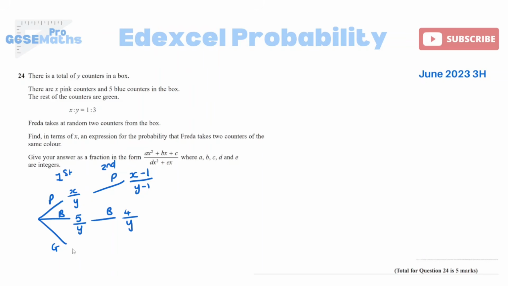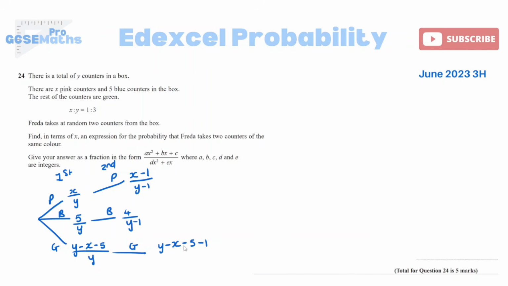And finally, for green, the rest of the counters are green. So to find the numerator, or how many green there are, we can write it as y, which is the total, minus the x, which is pink, minus 5. Oh, this is also minus 1, isn't it? Over the total number of counters. And then to get green again, it would be the total number of counters minus the pink minus the blue, but technically, because we've already picked out one green one, it's minus another counter, isn't it?